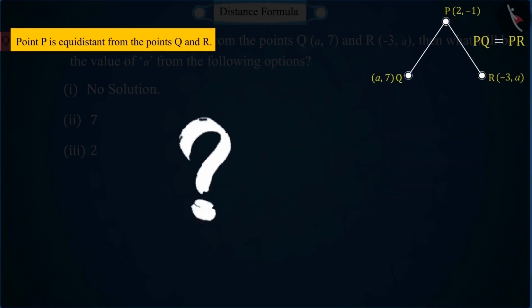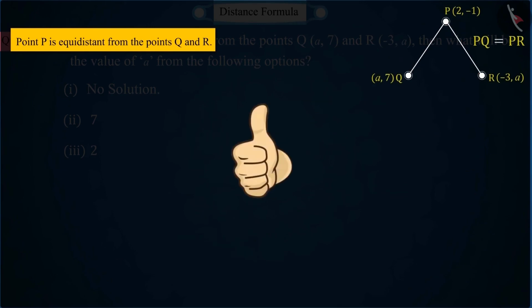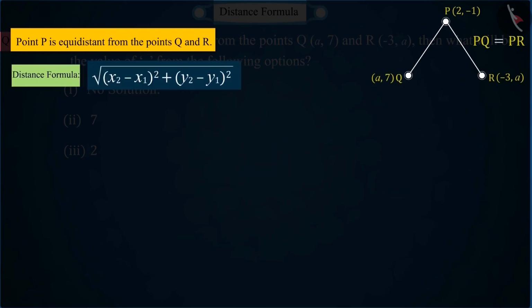Can you tell how you can find the value of A from PQ and PR? Correct. We will use the distance formula for this.